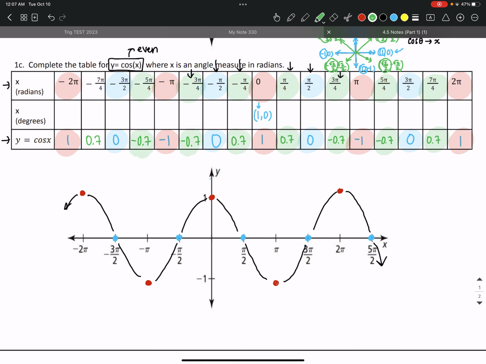I could have done them first, like I did in the sine graph video, and I would have seen that the points are on this wave, and that's what makes it a curve instead of straight lines up and down.